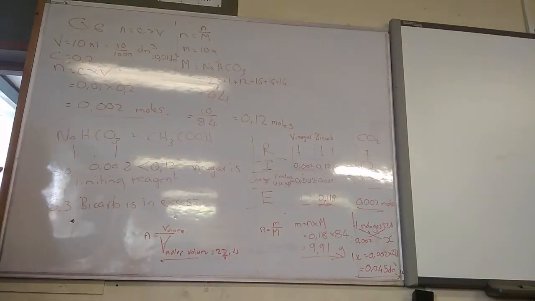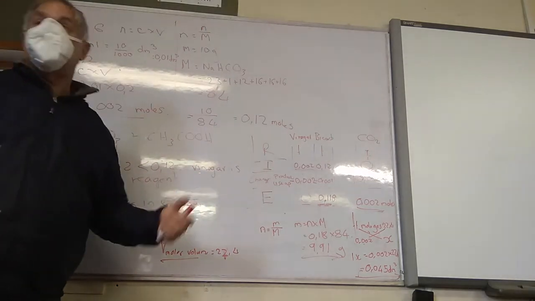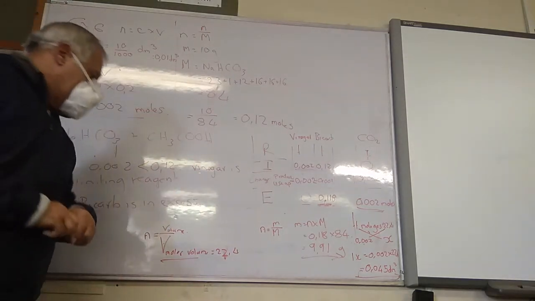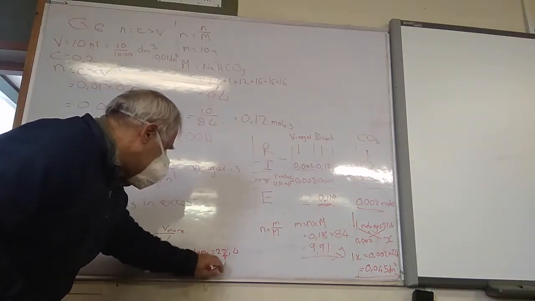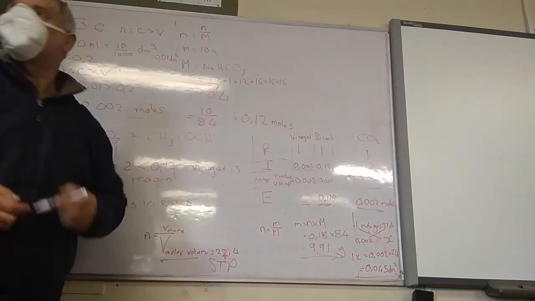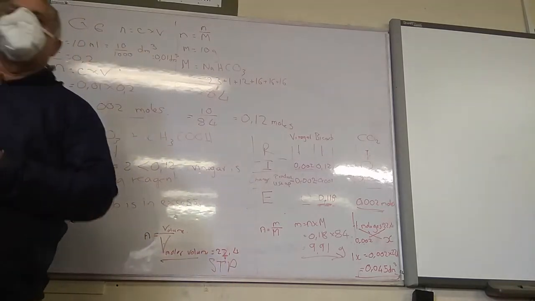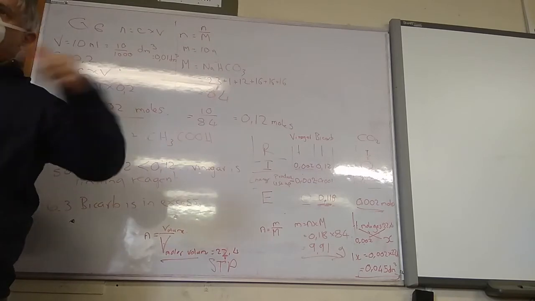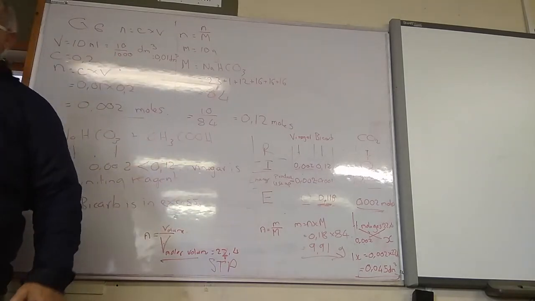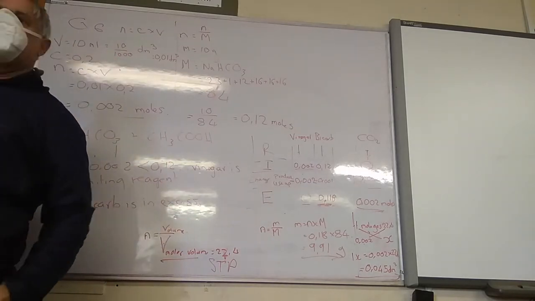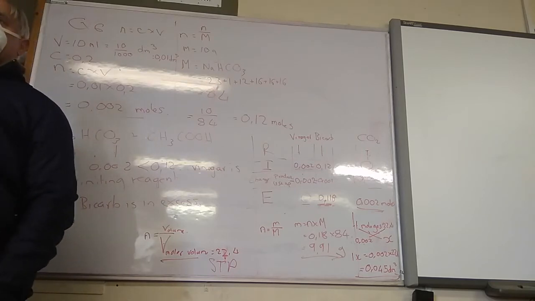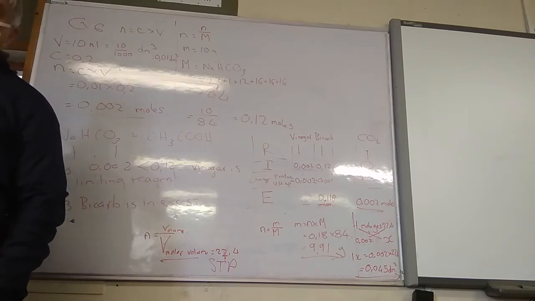And what is standard temperature and pressure? It's about room temperature and sea level. Room temperature is about 25 degrees, and sea level is about 100 kilopascals or so. But it's on your data sheet. You'll find all those values there.